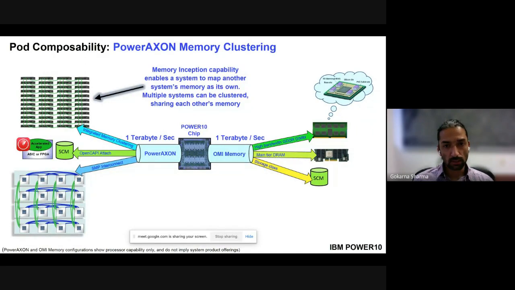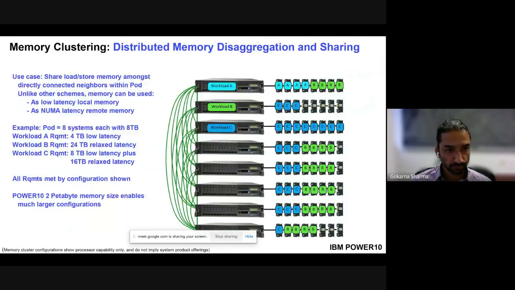This clustering facility lets you do many other things. For example, let's suppose you have different workloads, and you have to map the workloads to the memory. Sometimes being able to store the workload and provide enough memory to the system also helps in expediting the process.